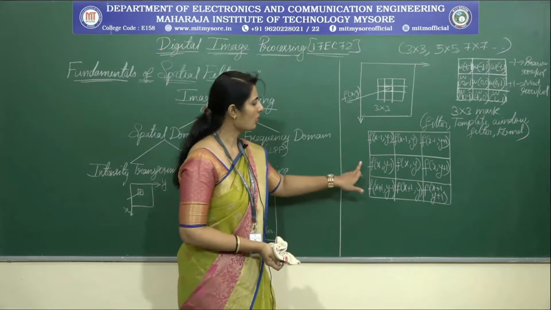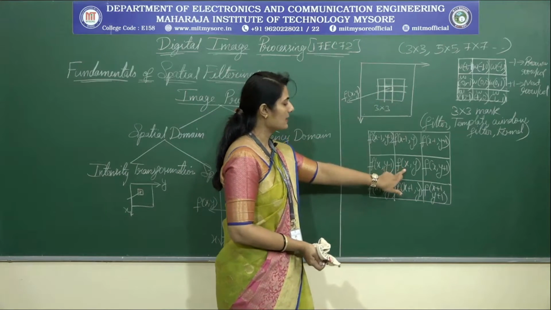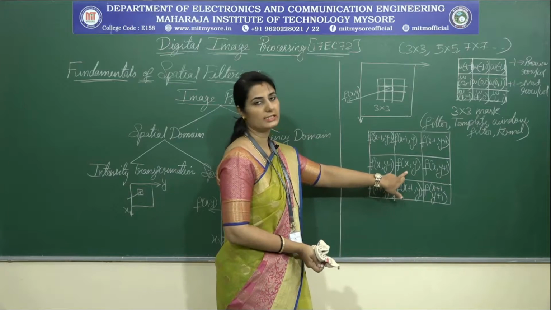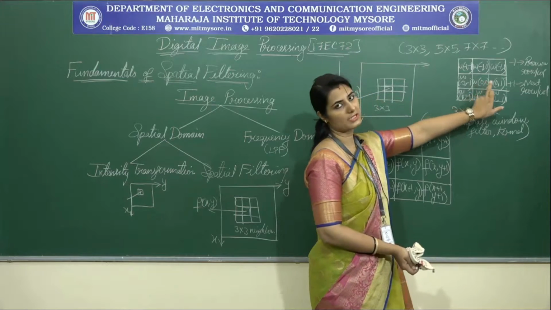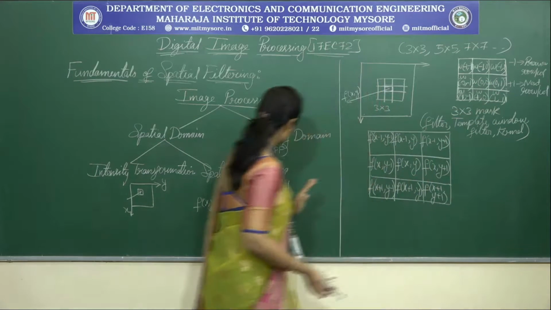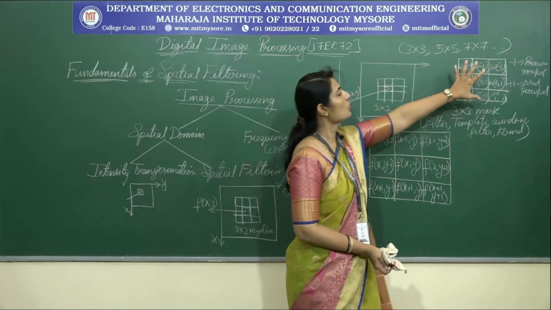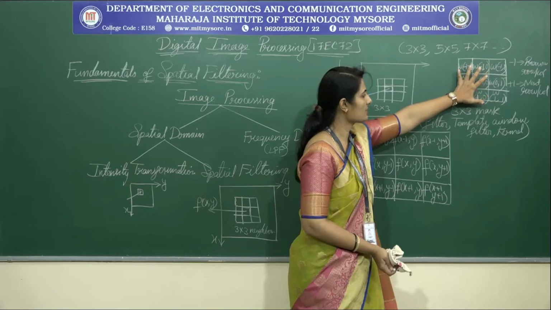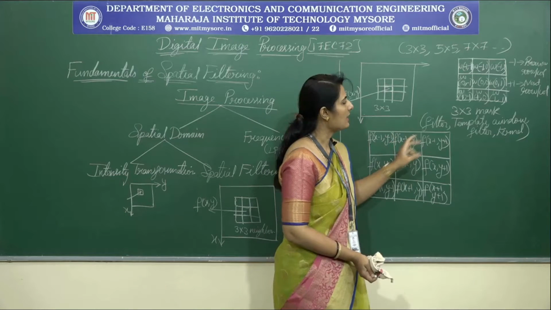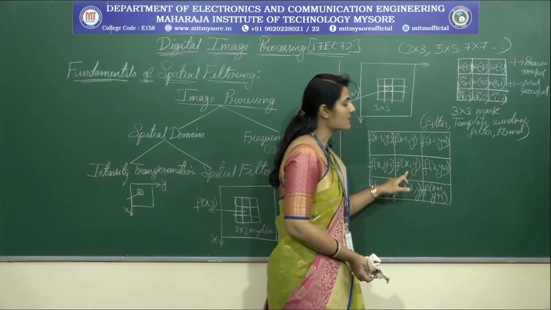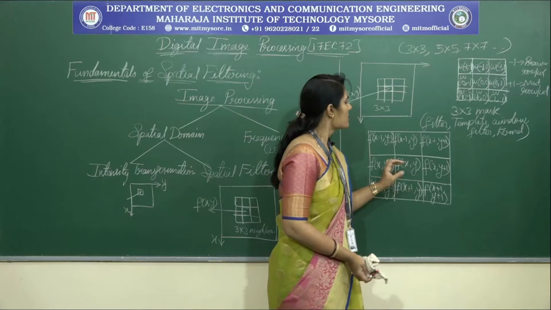So now these are the image pixels. The image neighborhood has the center pixel f of x comma y, and the center pixel of this mask is w of 0 comma 0. In order to perform this spatial filtering operation, we need to coincide this mask with the image pixels such that the center of the mask coincides exactly with the center of the image neighborhood.